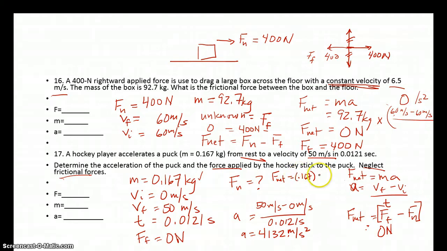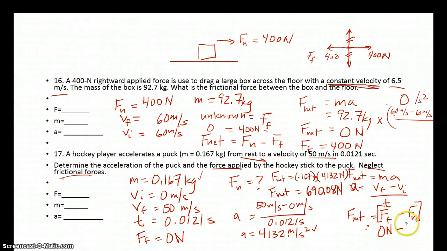So that's 0.167 times then my acceleration, which I have right over here, 4,132, newtons, should be kilograms, and my answer ends up being F net of 690.08 newtons, something like that. It's going to be around that. So now I know that my frictional force is 0.